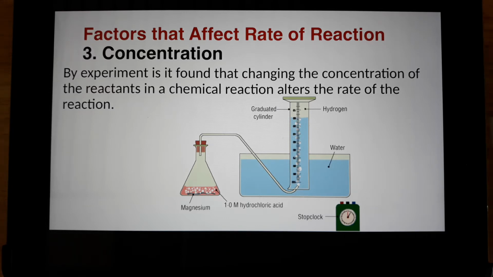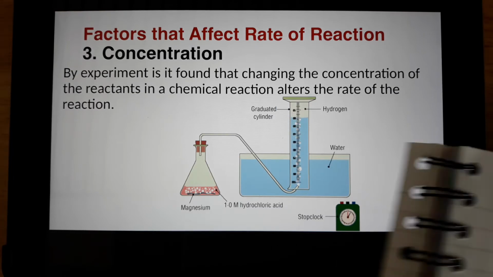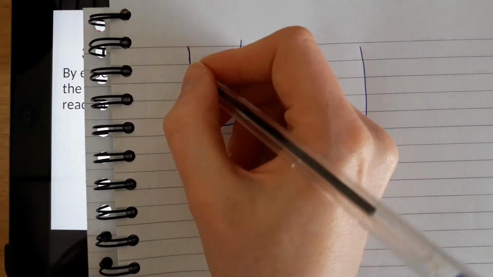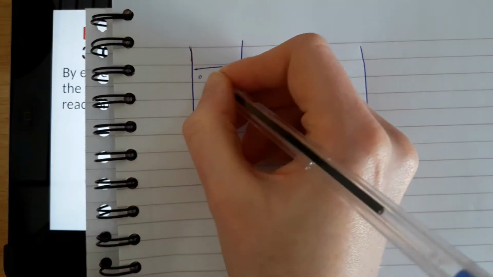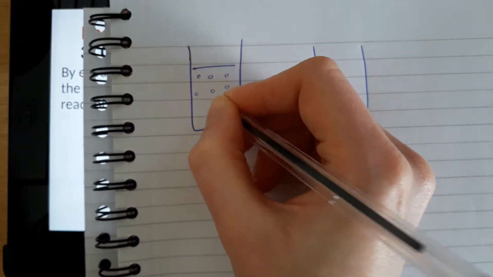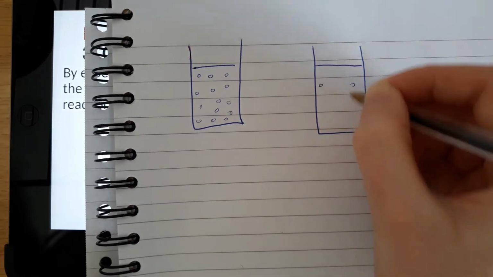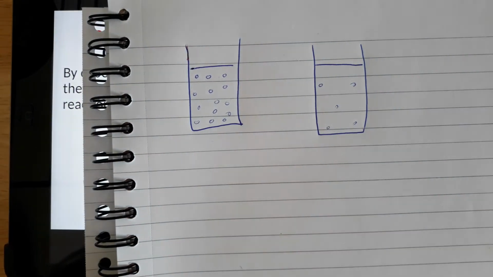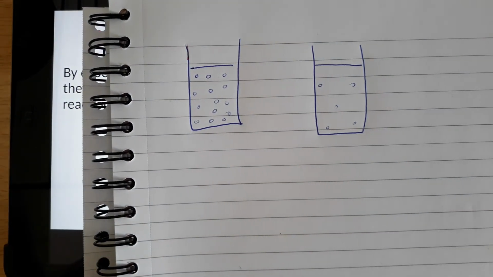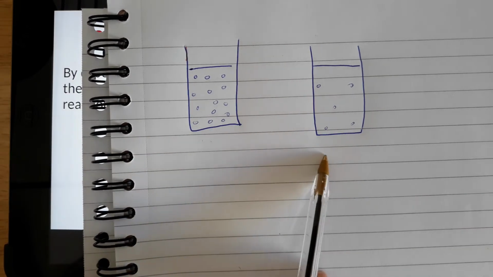If you could actually see into those glasses and see all the different particles, I'm going to really loosely draw out two glasses here. The first glass, these are all the little atoms. And the second glass, these are the atoms. Very easily, by looking at the two of them, you can say this one's a lot more concentrated than this one.